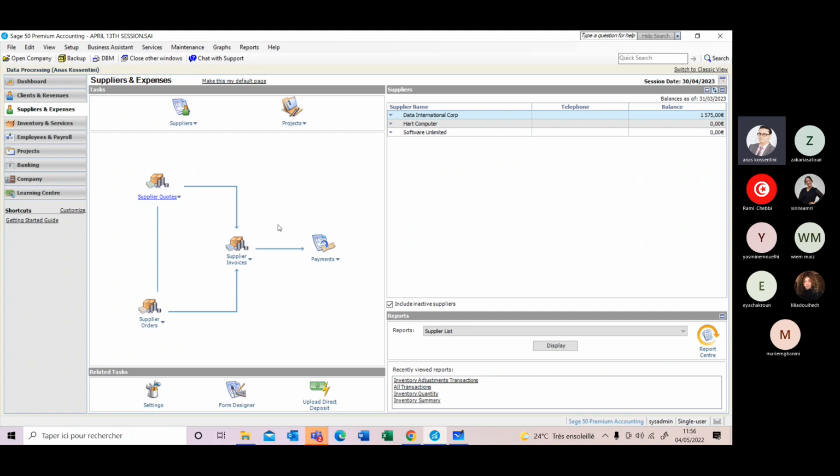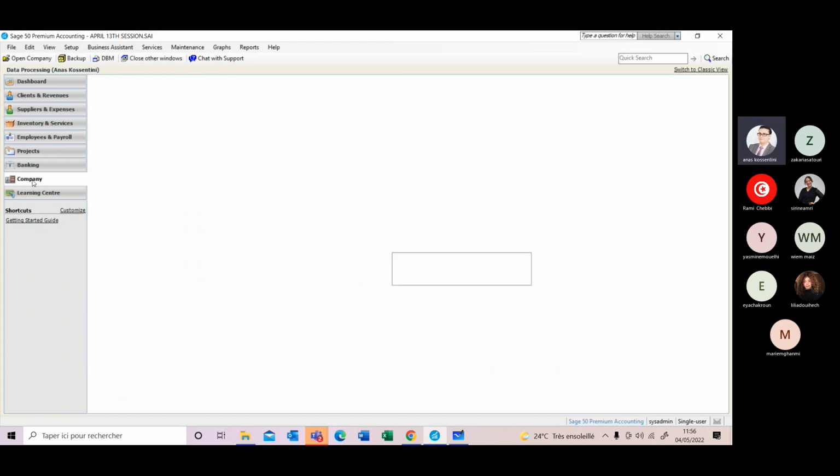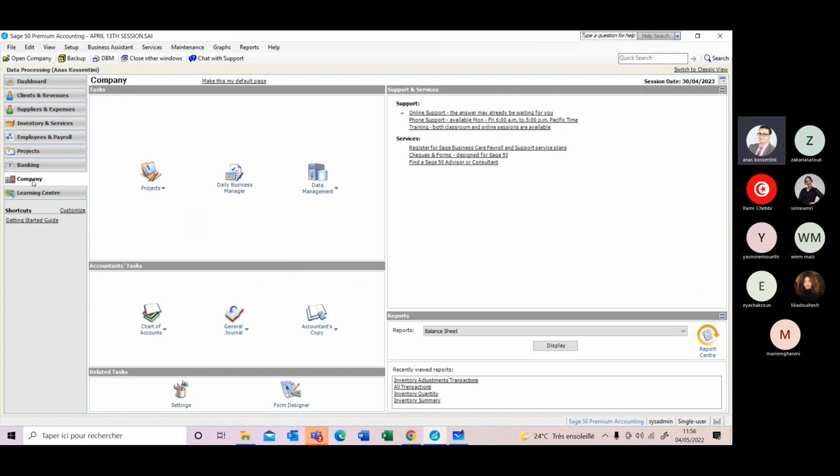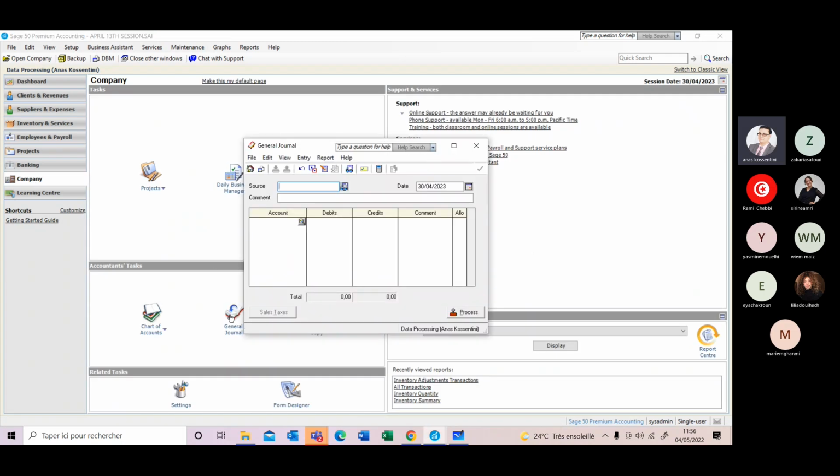But guys, how can I recall this recurrent transaction? Here we created the recurrent transaction in a certain way, the way Zakaria requested, by going to supplies and expenses and recording the transaction there. I have another option: I can create this recurrent transaction from another menu. I can go to the company, and under the company, I go to the general journal. Under general journal you enter your transaction, for example, the bank loan payment.